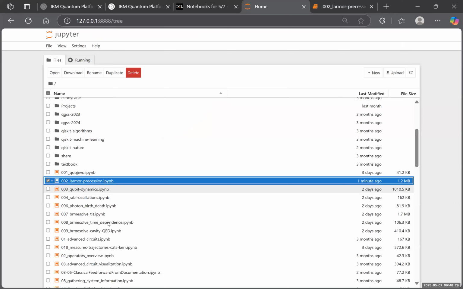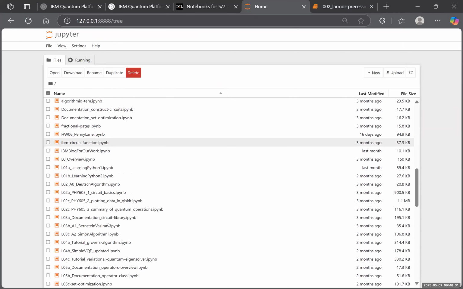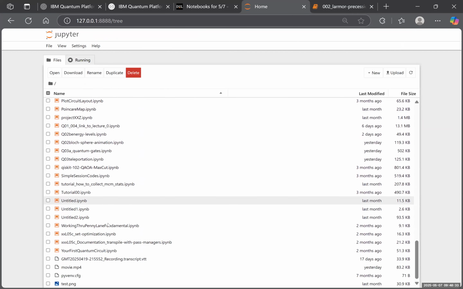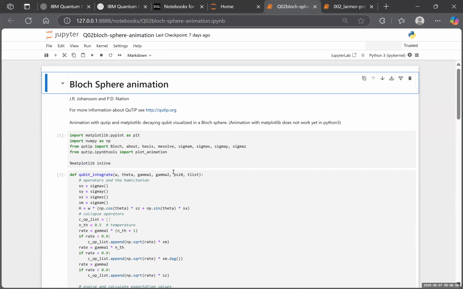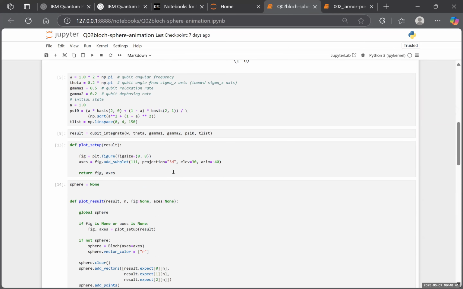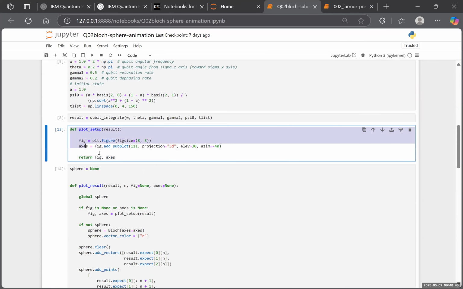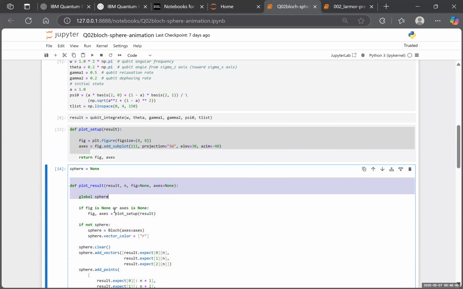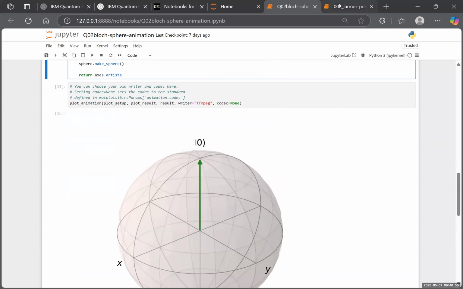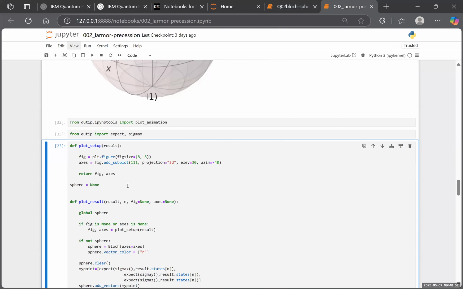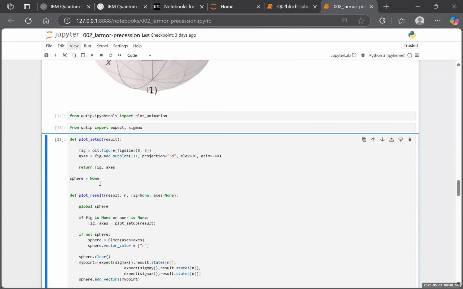There's an animation. This one. You set up the plot and now the Bloch sphere, and then it can give you this animation. So that's what I pasted here.